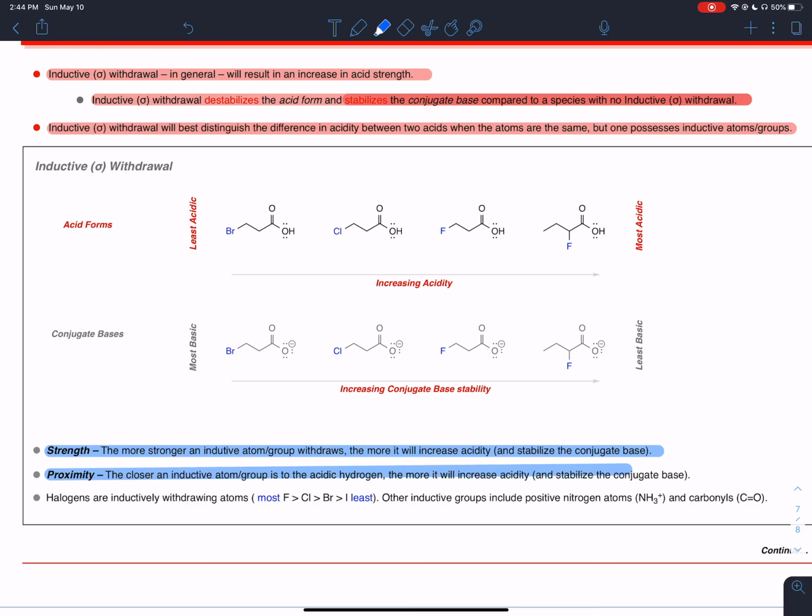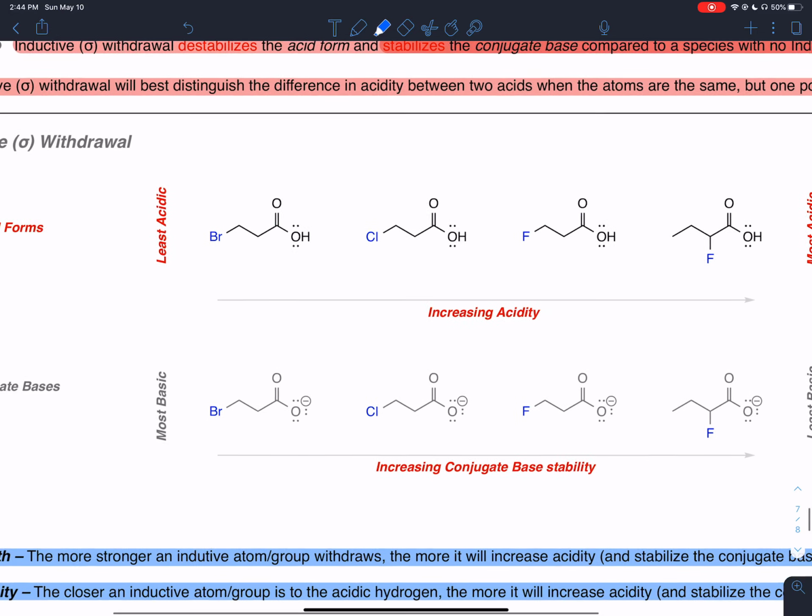When we think about proximity, the closer the inductive atom or group is to the site of the acidic hydrogen, the more it has the capacity to withdraw, okay? So that's important. The closer it is to the acidic hydrogen site, the more it will withdraw. We're going to contrast both of those ideas, strength and proximity, in this example.